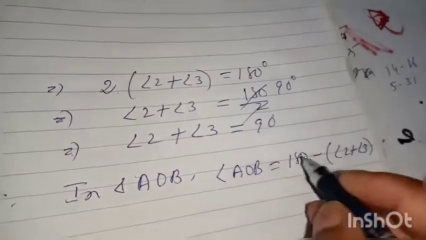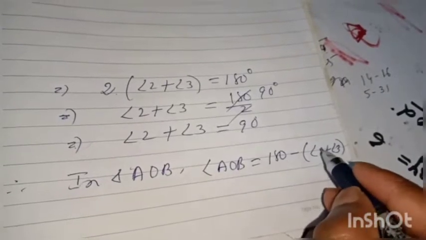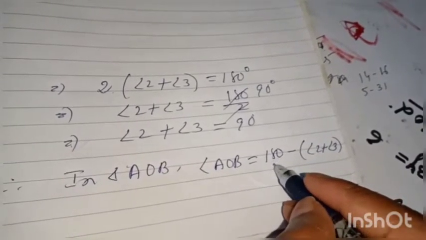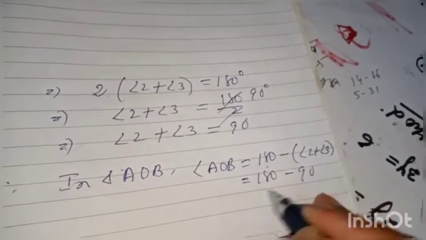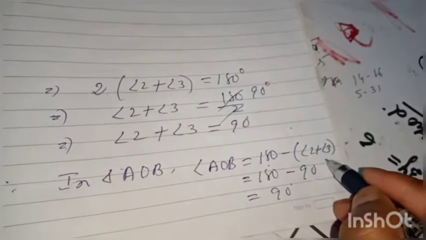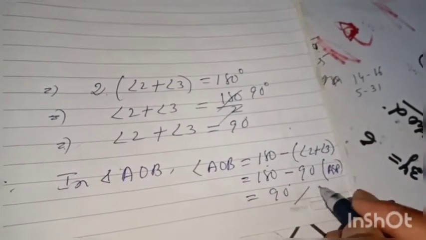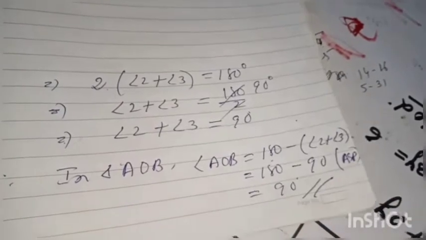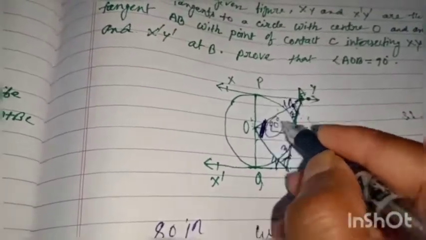Try to understand, because you already got the sum of two angles, only one angle is left. This sum will be subtracted from 180. So what? 90. Don't forget, here we are using ASP, angle sum property. Okay, so angle AOB is 90. Understood? At last, this angle is how much measurement? 90 degrees.